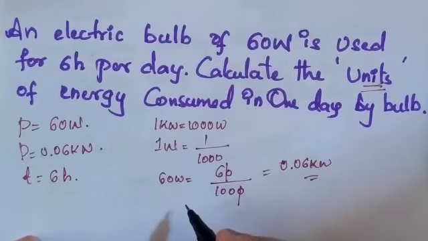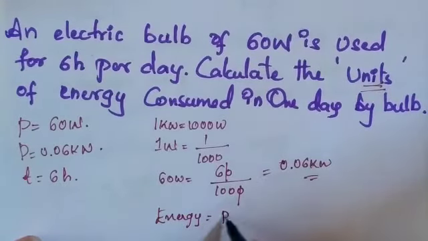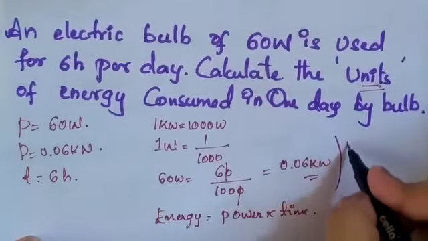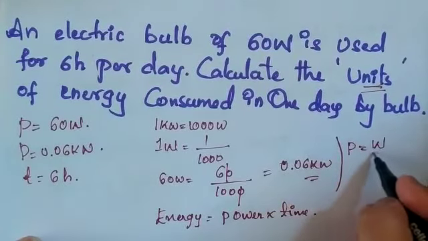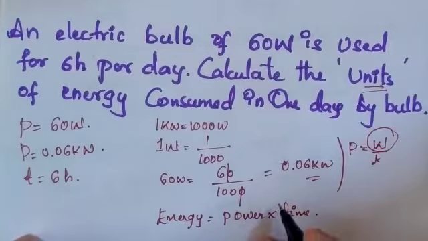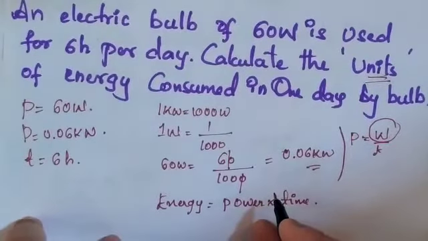Now how are we going to find the energy consumed here? You know the formula for energy: energy is equal to power into time. Power is work done by time taken, and work done here we consider as the energy consumed by that object.